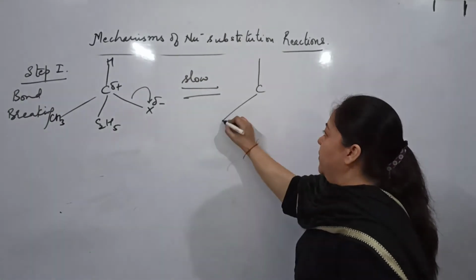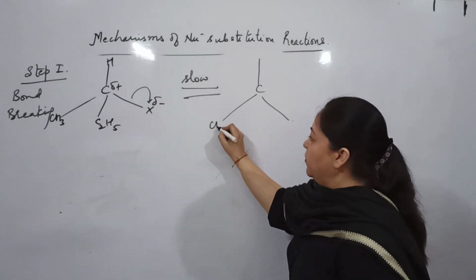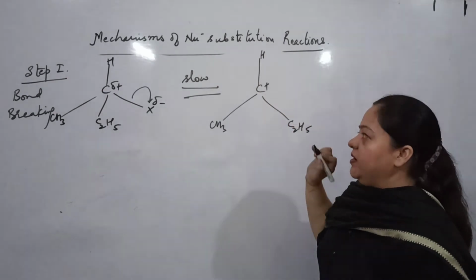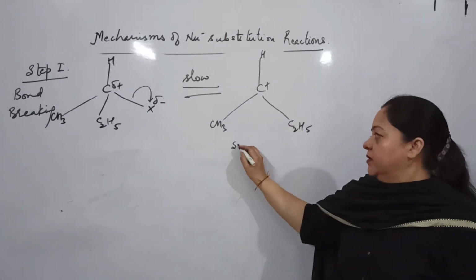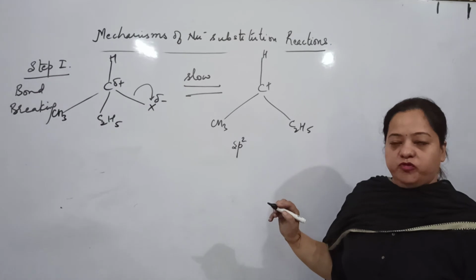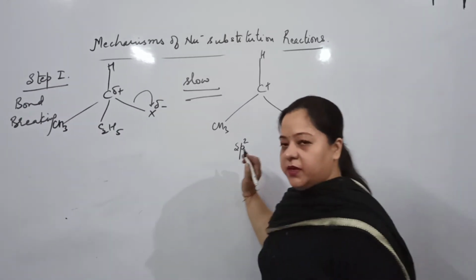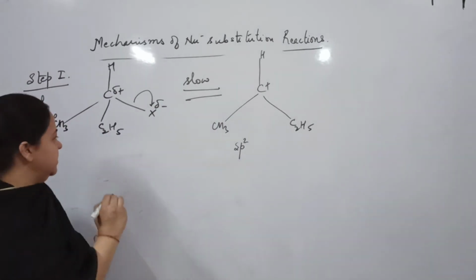This leads to the formation of a carbocation intermediate. This carbon carries the positive charge. This is sp2 hybrid and is a triangular planar structure. The first step, that is the bond breaking. Then bond formation takes place in the second step.